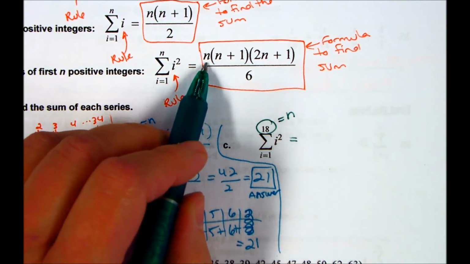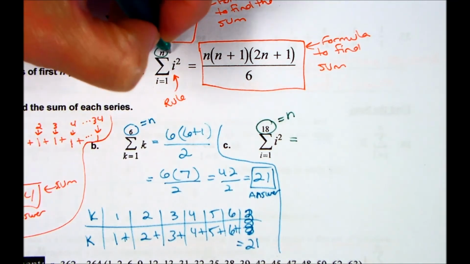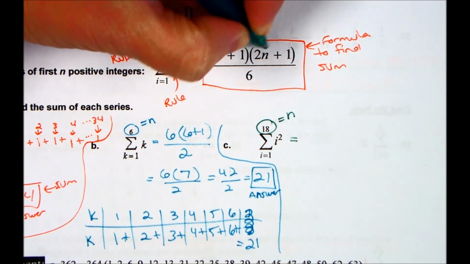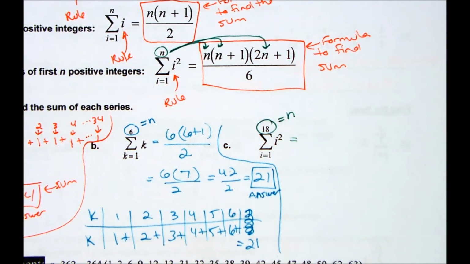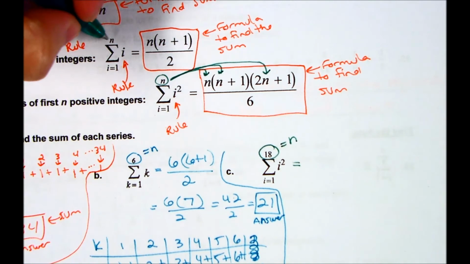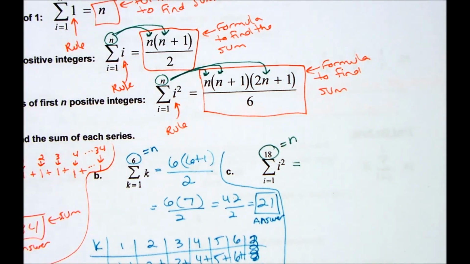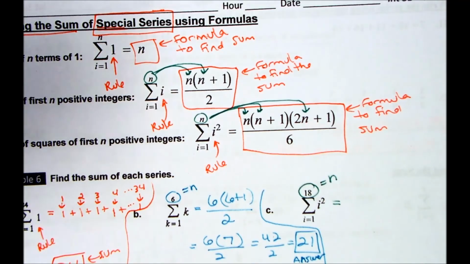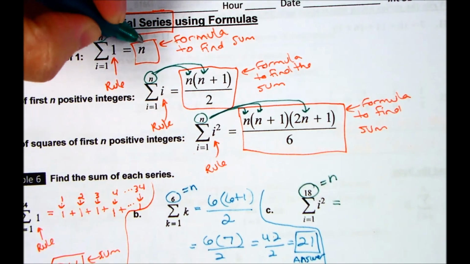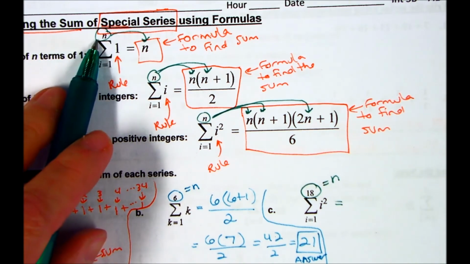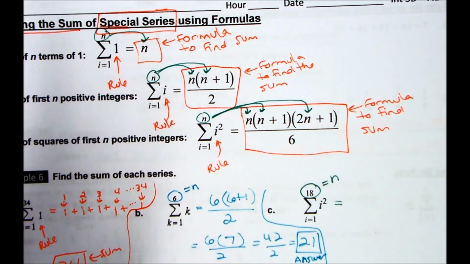So you're going to plug that n in here, in there, and in there in your formula. In the last one, the n was substituted here and there. And in the first one, the formula n is just your sum. So you don't have to substitute it into anything. The upper limit is your sum.